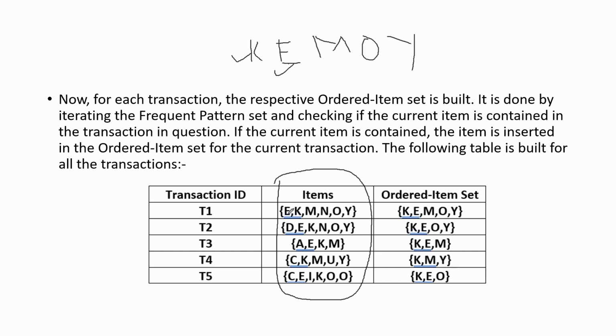If E is there, yes, E is there, then we will write E after K. Then we will look for M. If M is there, yes, M is there, then we will write M. Then we will look for O. If O is there, yes, O is there, then we will look for Y, and Y is also there. So like this, we will arrange our items in this ordered item set.